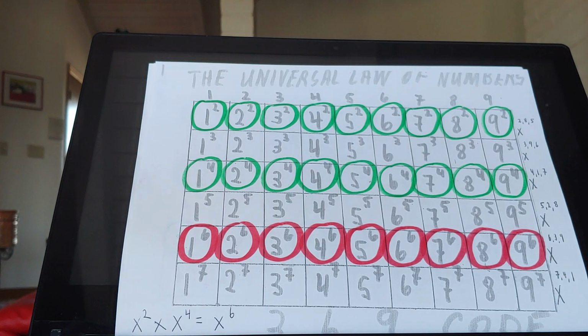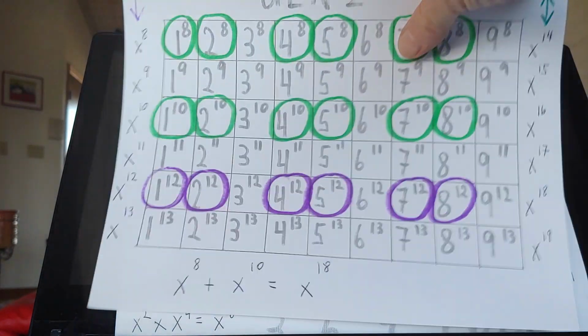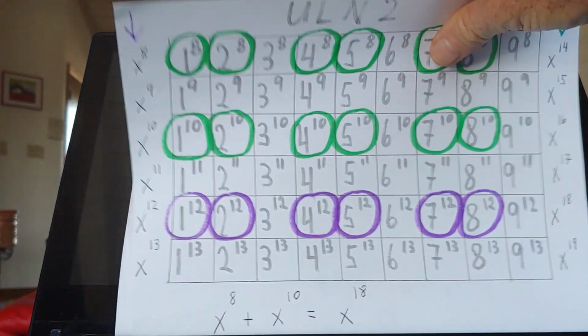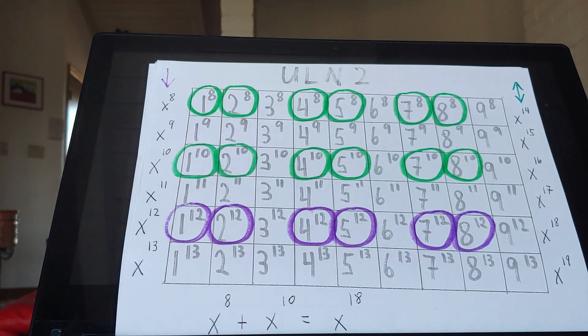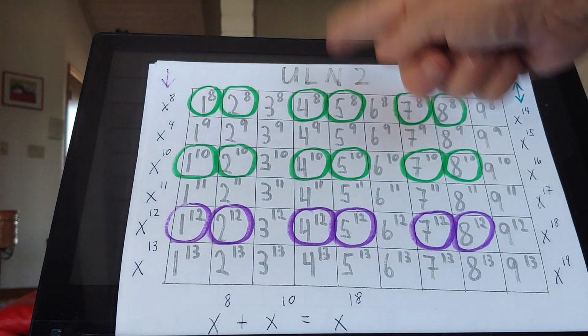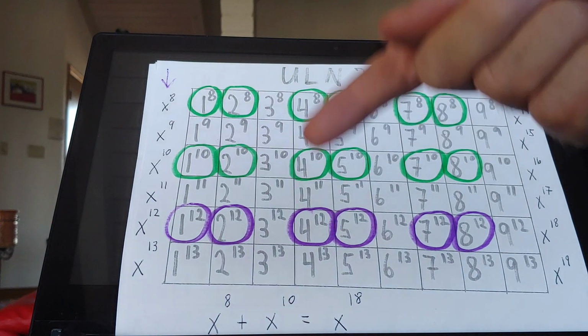Okay, so 3 squared times 3 to the 4th. That's straightforward. 3 squared times 3 to the 4th is 3 to the 6th. And what about here? Now what happens is, okay, the thing is revolving.